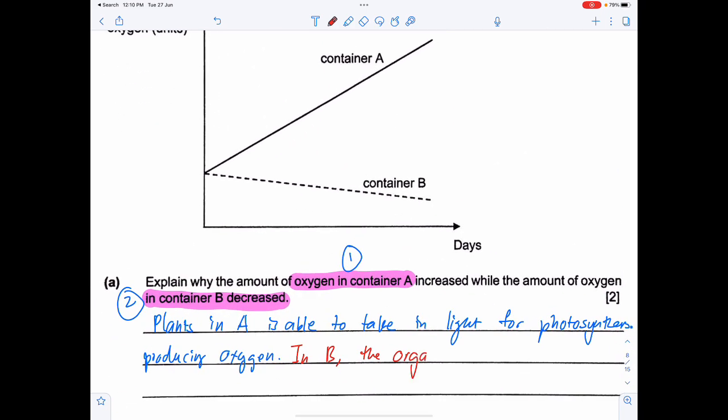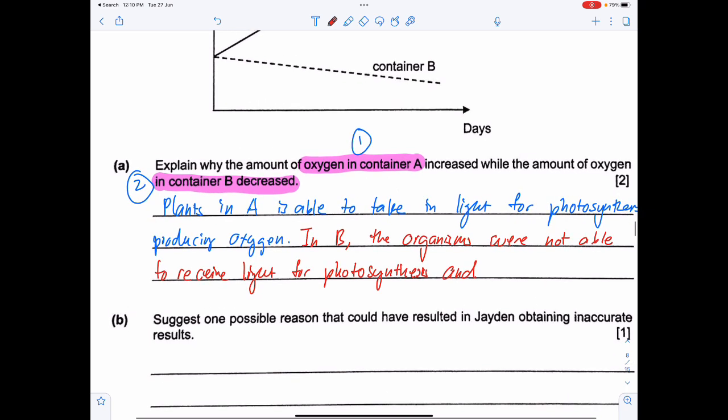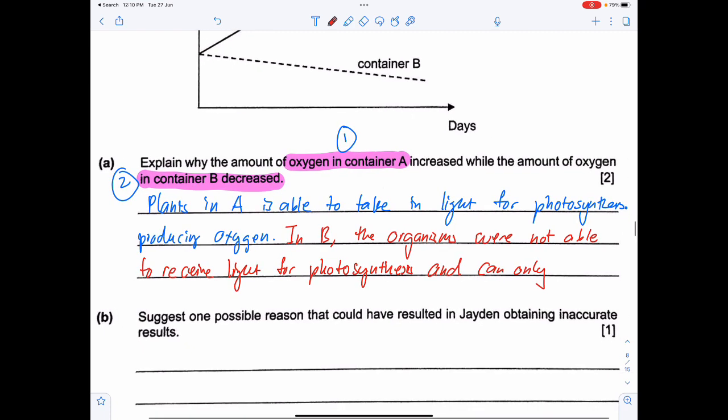The organisms were not able to receive light for photosynthesis, and hence can only carry out respiration, where oxygen is used up.